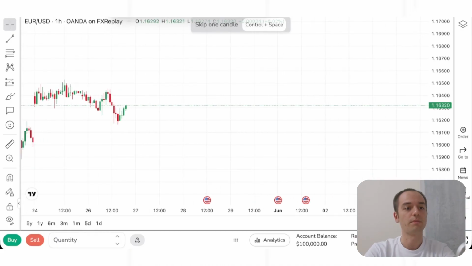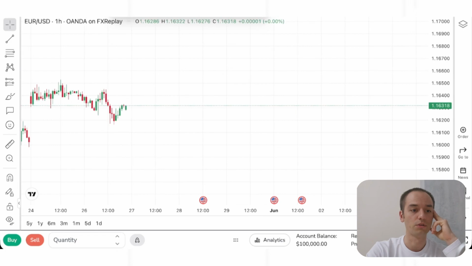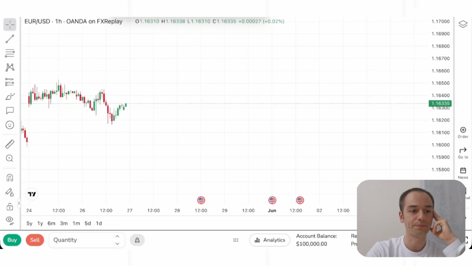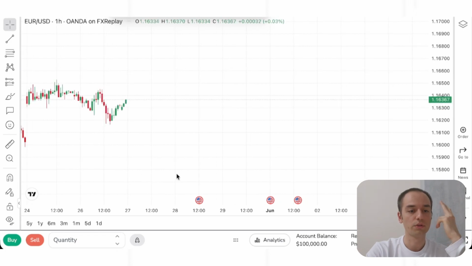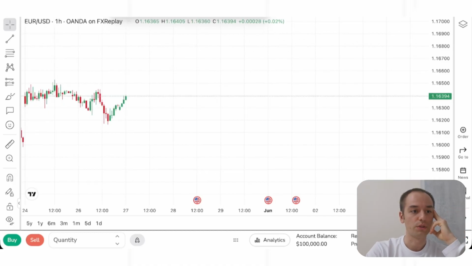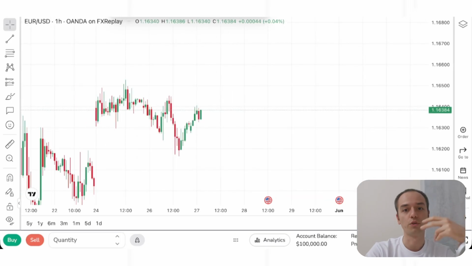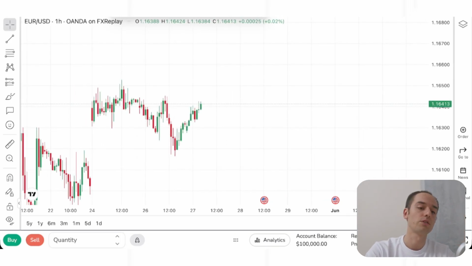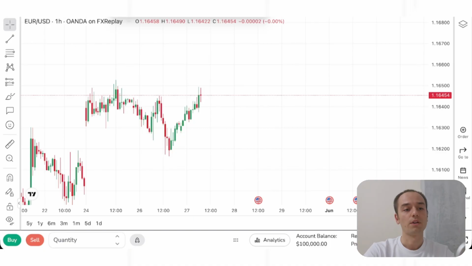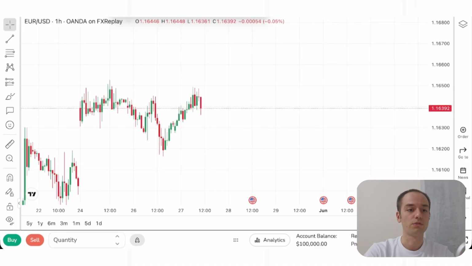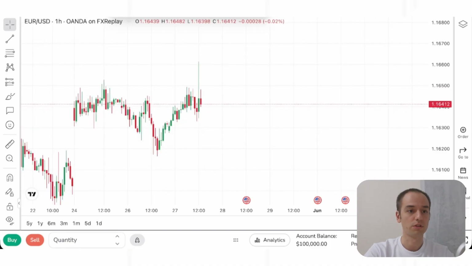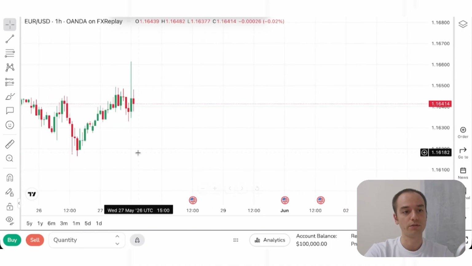Overall, as I mentioned, we are not looking for imbalance to be used as our entry point. Imbalance is more like a point of interest, a zone of interest, which we use to do our analysis. On its own, it's not enough. This quick movement here is a very good example.